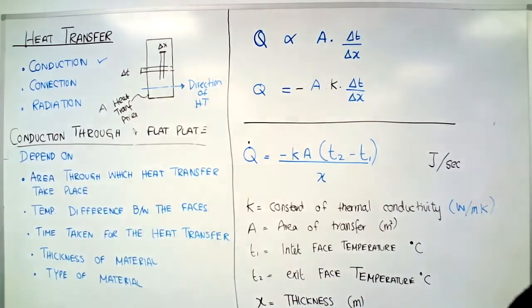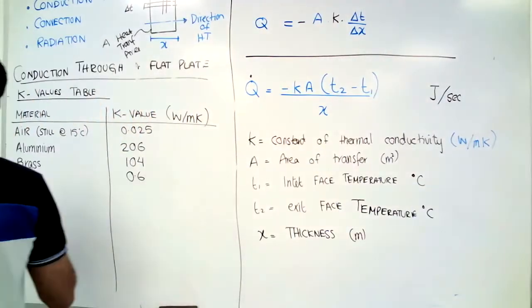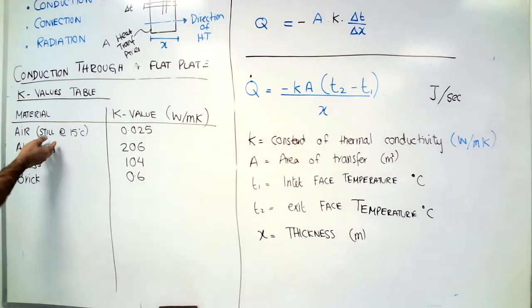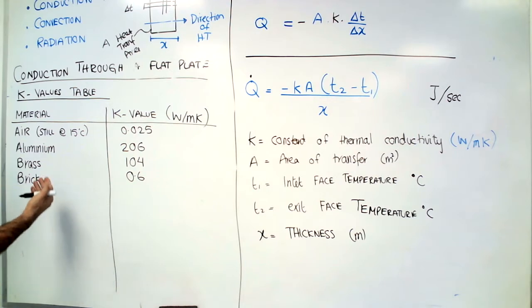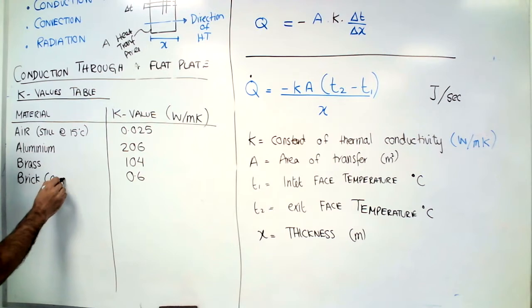Now we have different K values for different materials. For still air at 15 degrees, that's the K value. Aluminium 206, brass 1 and 4. Brick, different types of brick, let's say the most common brick used, it's 0.06.